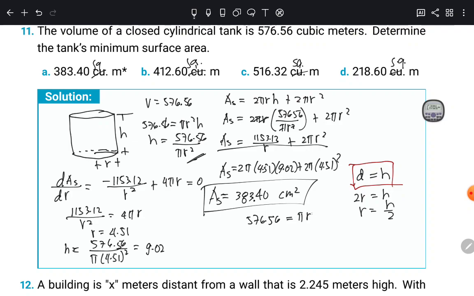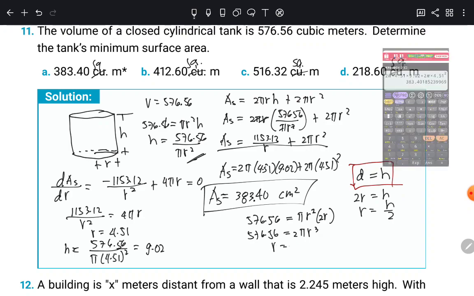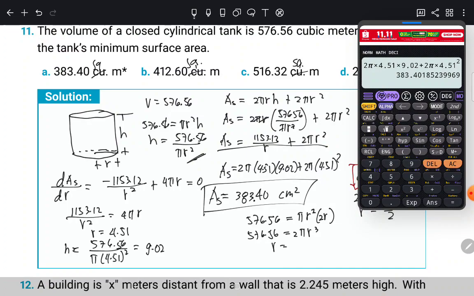So pi r squared multiplied by our h, and h is equal to 2r. So this will be 2 pi r cubed equals 576.56. And if we solve for r here, I think it's the same r from here.